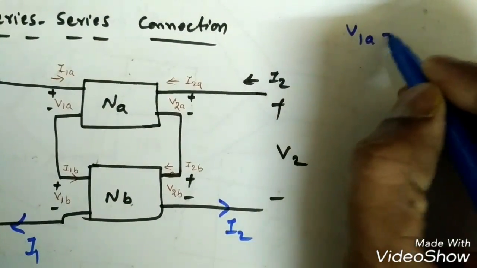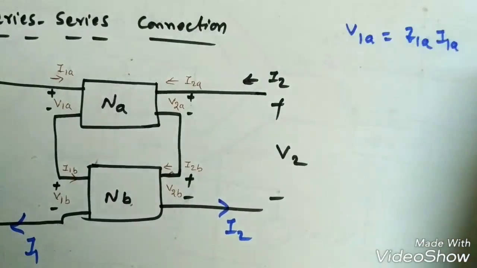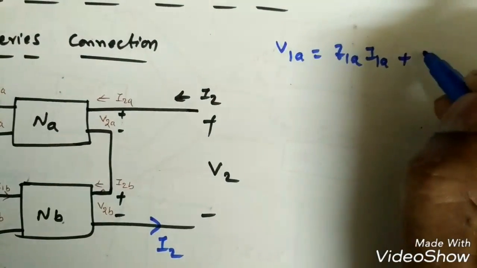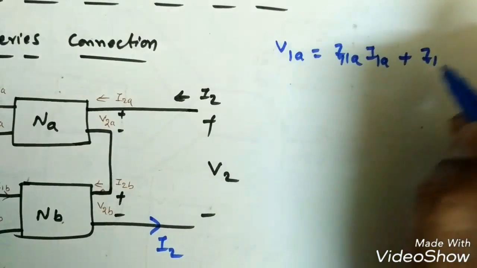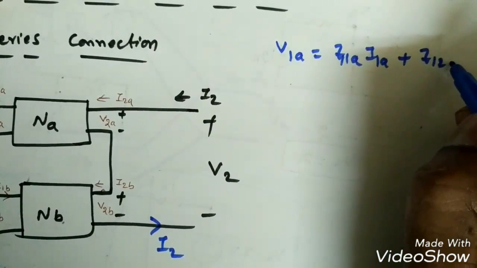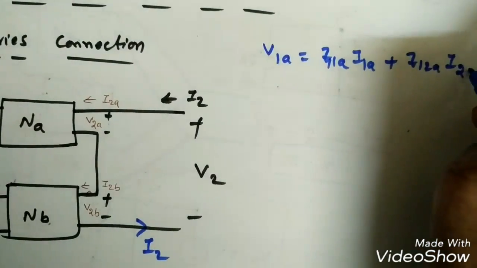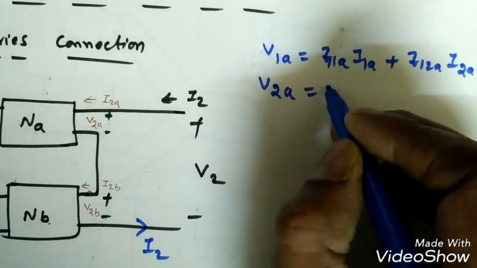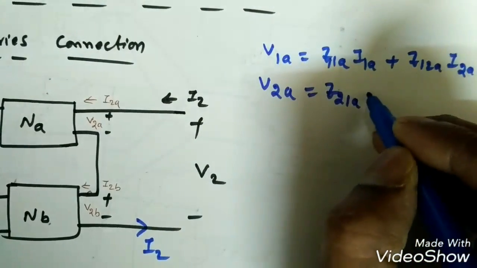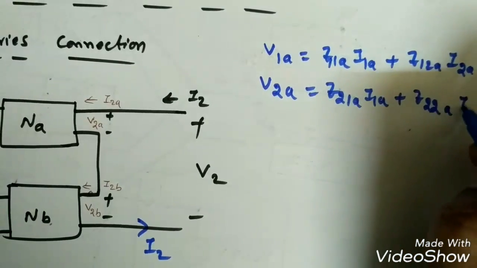V1A is equal to Z11A I1A plus Z12A I2A. Similarly V2A is equal to Z21A I1A plus Z22A I2A.